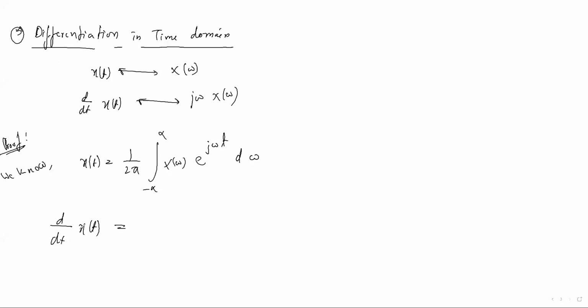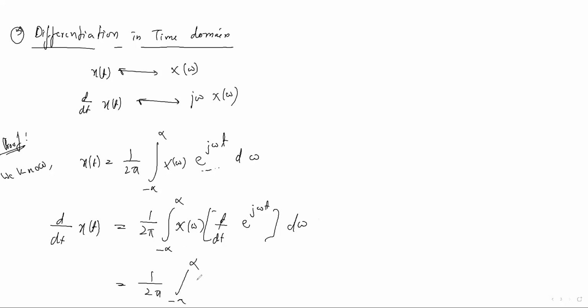Then we have to take differentiation on both sides. You can see that 1 by 2 pi has no t term, so we can take it as a constant outside the integration, and X(omega) we can also take outside, and we have to differentiate d/dt only with the exponential term, because t is there. d/dt of e to the power j omega t gives j omega e to the power j omega t, and d omega has no t term.